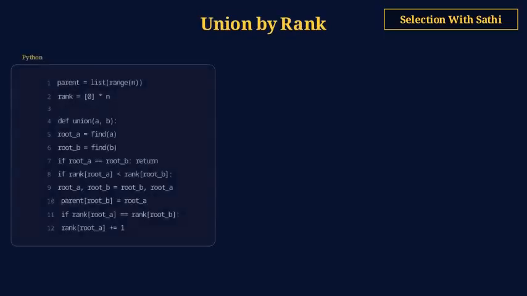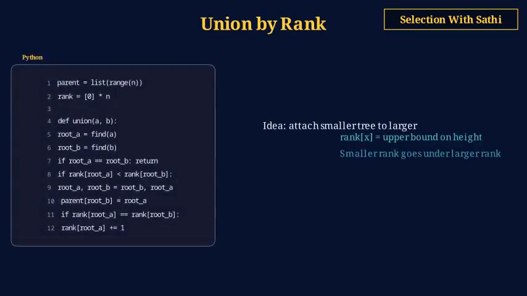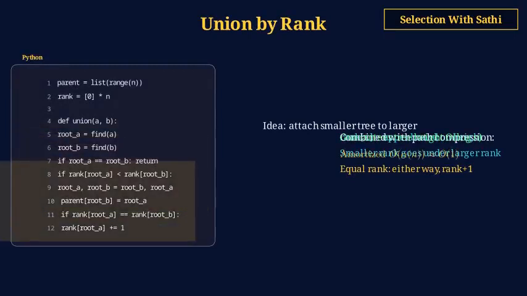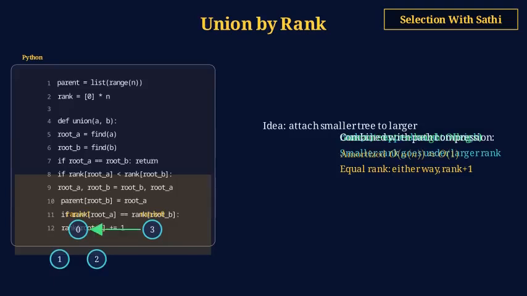A classic application, counting connected components. Look at line 2, initialize DSU for n nodes. Lines 3 and 4, for each edge, union the two endpoints. After processing all edges, nodes in the same component share the same root.